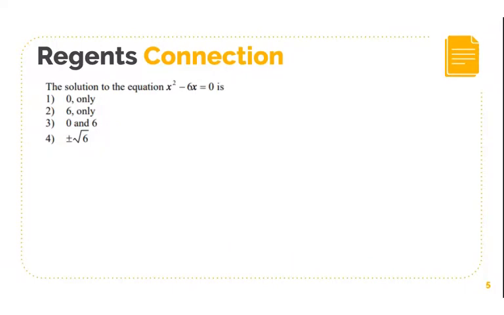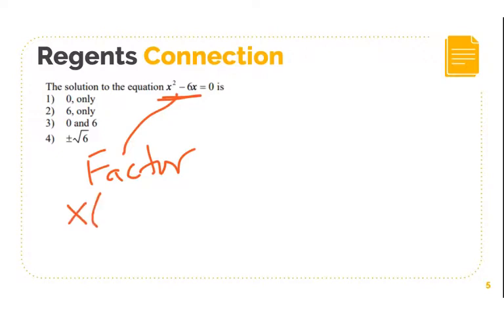All right, regions connection. You can do this one either through factored, and I hope you can see that you can do a GCF here. So they both have x's, so x is my GCF. So x times x gives me x squared, and x times negative 6 gives me minus 6x.